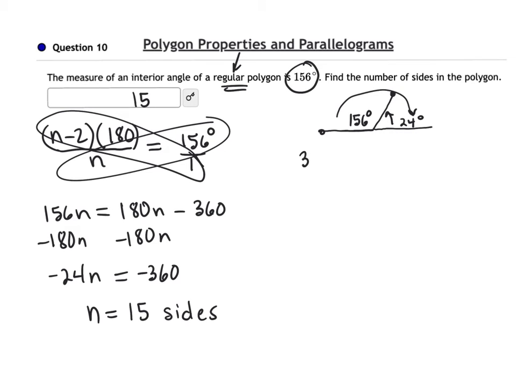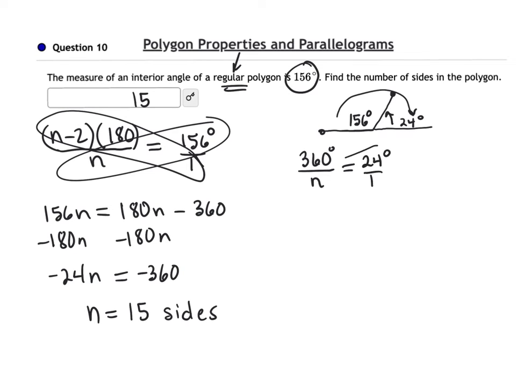All the exterior angles add to 360 degrees. And if I take one at each vertex and I divide by the number of them, there are n of them, there are n interior angles, n exterior angles, one at each vertex, and n sides. So 360 is the sum of all of them. If I divide by n, I get one exterior angle, which is 24 degrees.